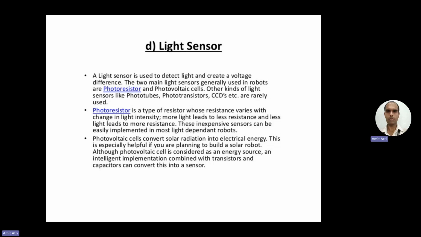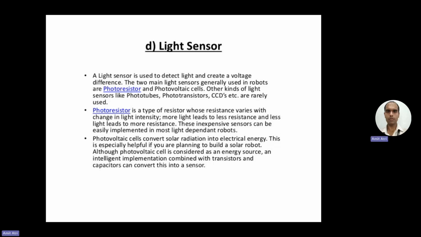Okay, now another type, that is the photovoltaic cell, which is very common. Other videos I've also posted on the same photovoltaic cells, you can refer to those. These photovoltaic cells convert solar radiation into electrical energy. This is especially helpful if our plan is to build a solar robot.